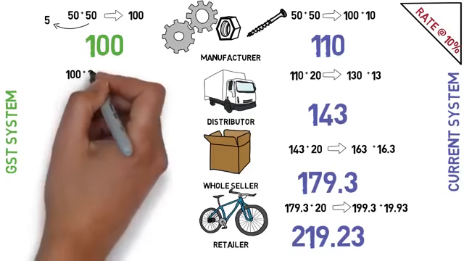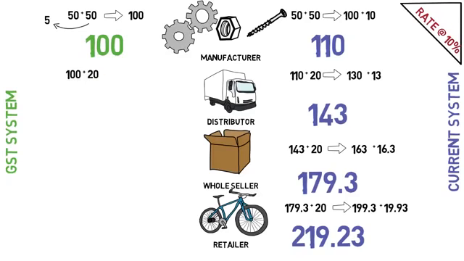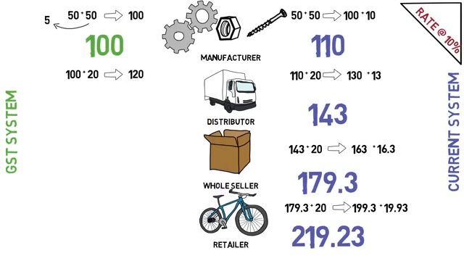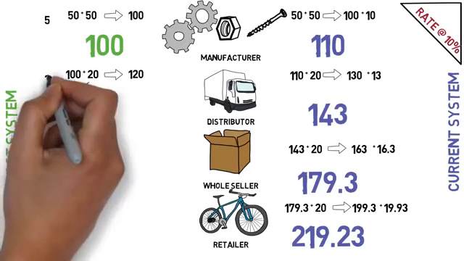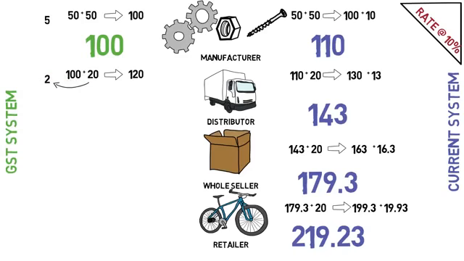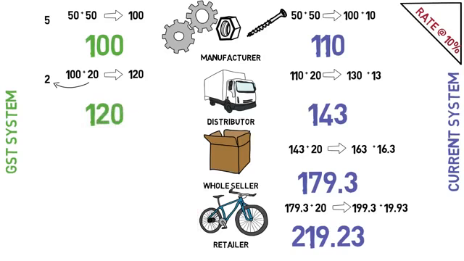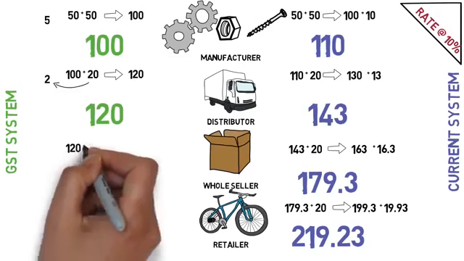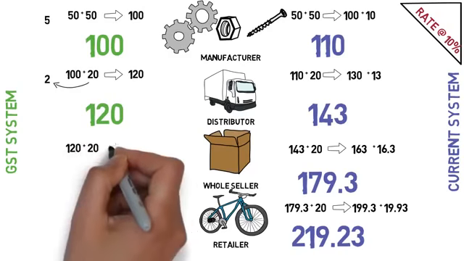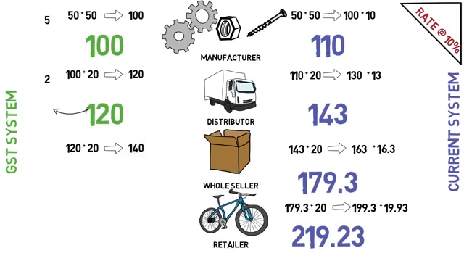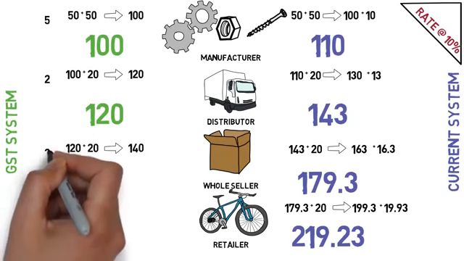Then the distributor adds 20 rupees profit and the product becomes 100 plus 20, which is 120 rupees. He pays the tax of rupees 2 on his profit of 20 rupees. The wholesaler buys the product for 120 rupees and follows the same pattern, adding 20 rupees as his profit, and the price will become 140, and pays the tax of rupees 2 on his profit of 20 rupees.